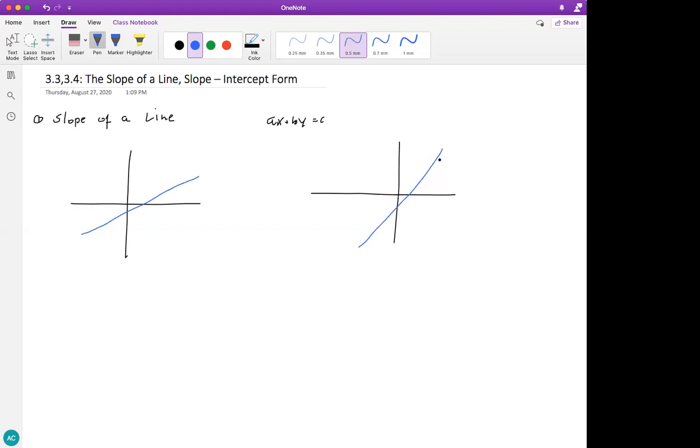It tends to be closer to the vertical axis here. So we say this line and this line have two different slopes. We can say that this one is steeper than the other. For example, this one here is steeper than this one. And we use the slope to measure that. So slope measures the steepness of a line.